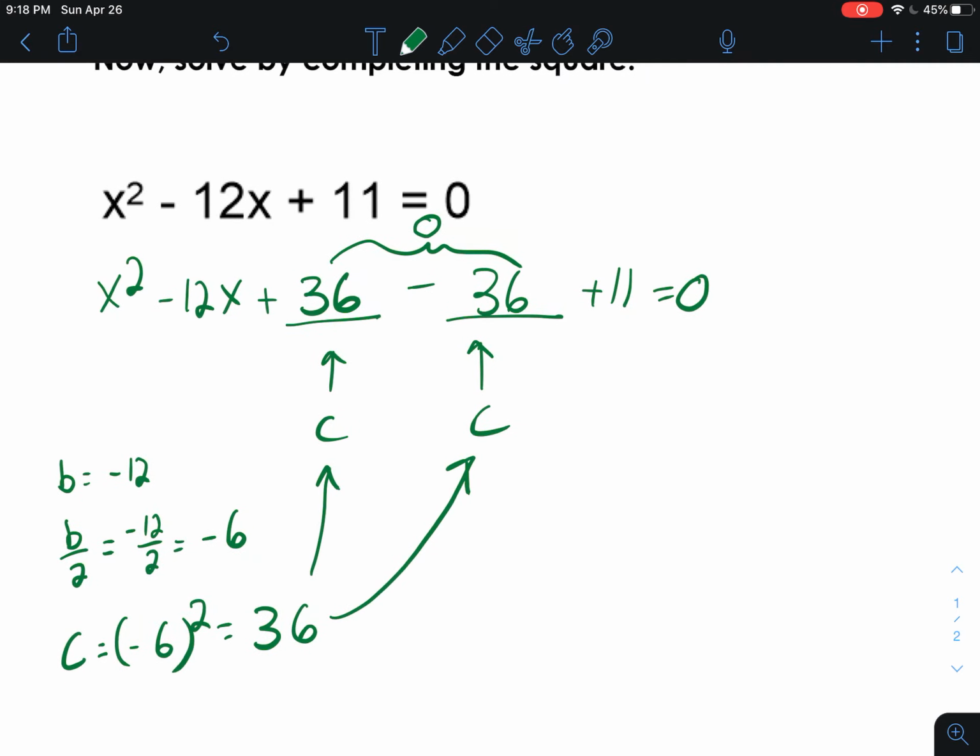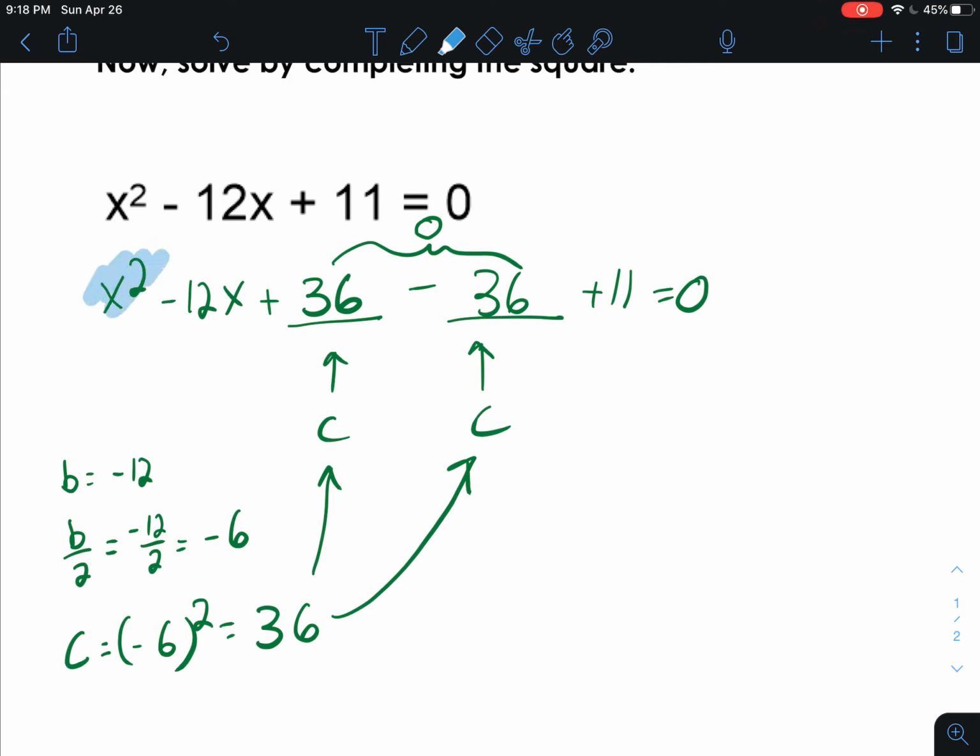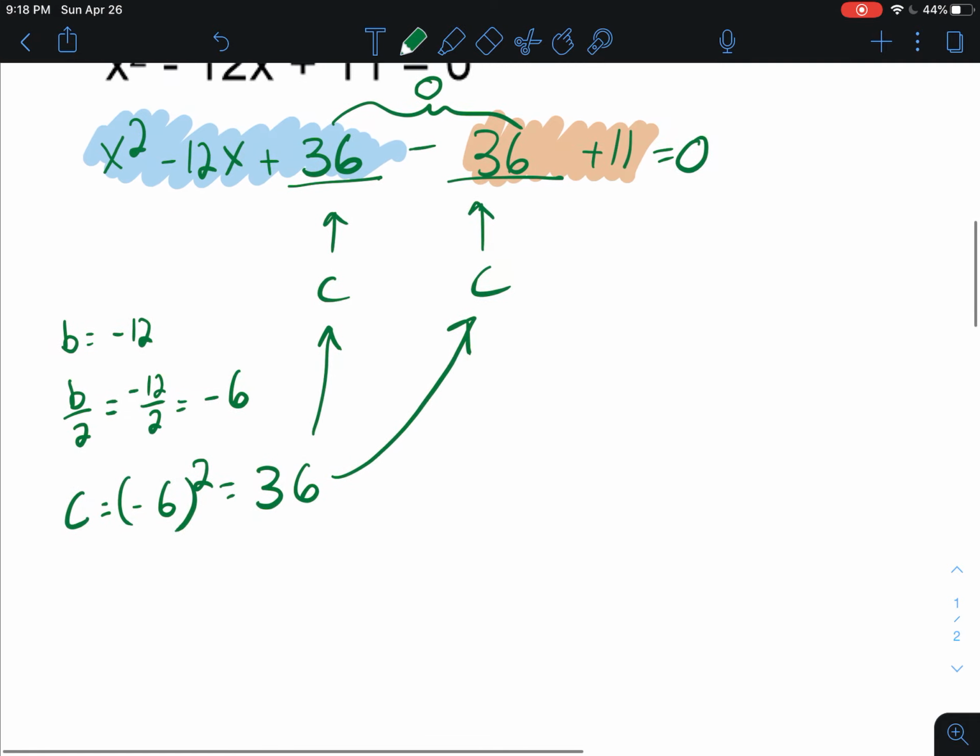Now we're going to have two separate parts: the quadratic part, which is right here, and the part that is just a number. Those two parts are: we now have x squared minus 12x plus 36.